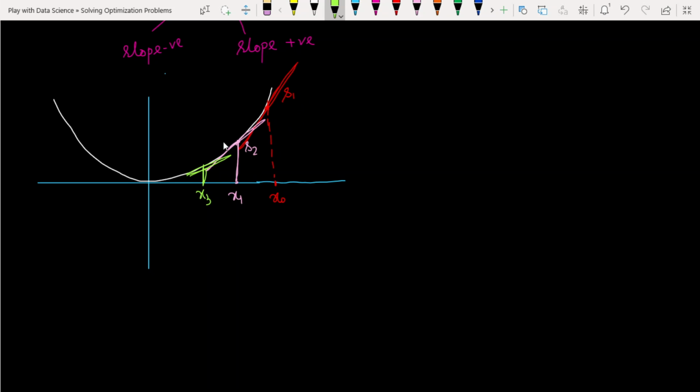All the slopes on this side are positive, but as you move closer to the minimum point, the angle of the slope with the x-axis decreases. Here the angle is theta 1, here theta 2, and here theta 3.